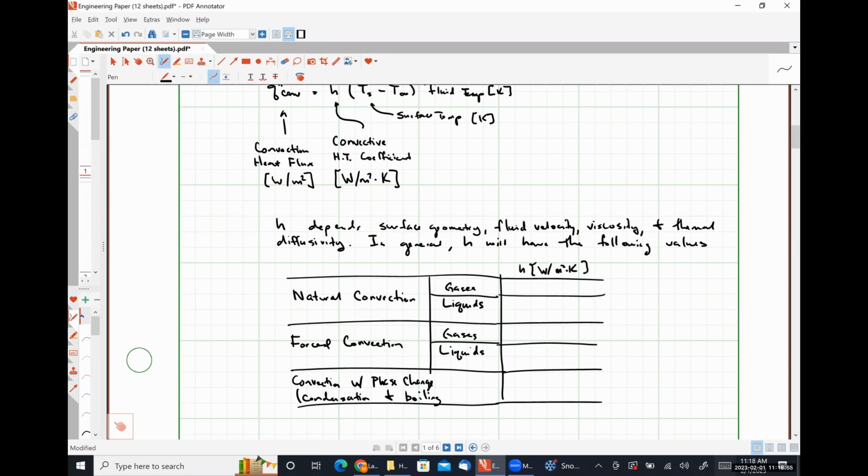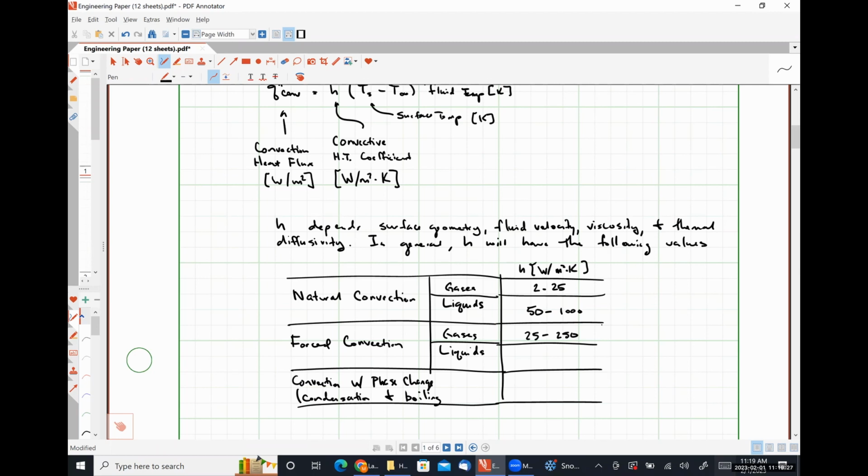So for gases undergoing normal convection, our H value is typically pretty small, somewhere on the order of 2 to 25, okay? In liquids, this is appreciably higher, somewhere on the order of 50 to 1,000. For forced convection of gases, we're effectively increasing our H value by an order of magnitude. So 25 to 250 is typical.